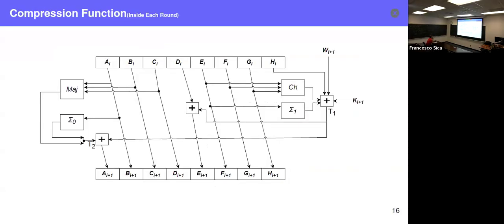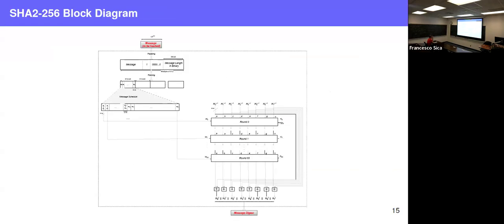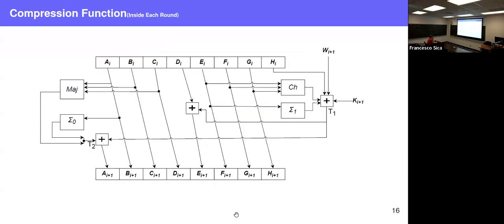Inside each round, we also have these four main functions: Ch, Sigma 0, Sigma 1, and Majority. The final result of our function will be our 256-bit message digest.